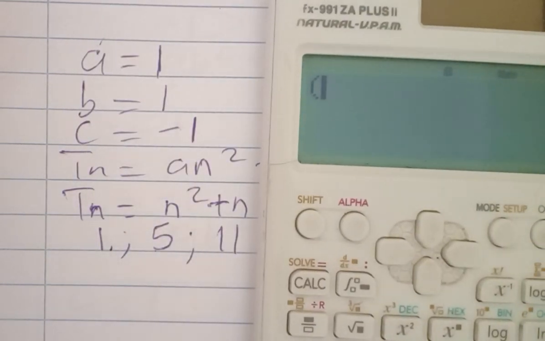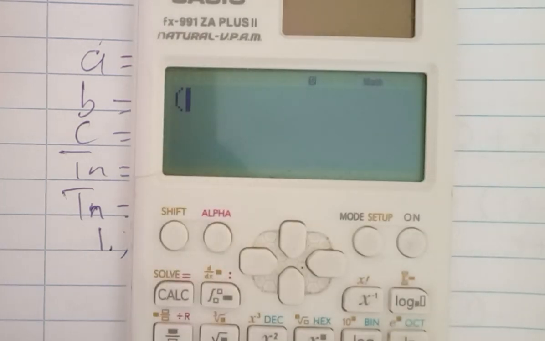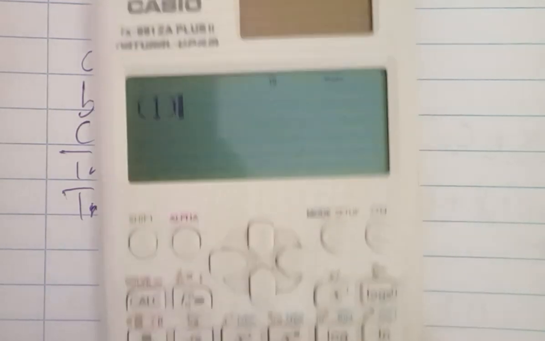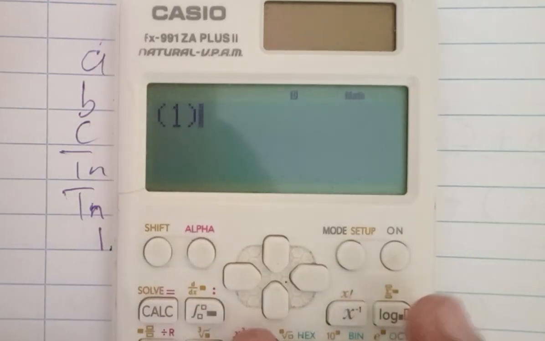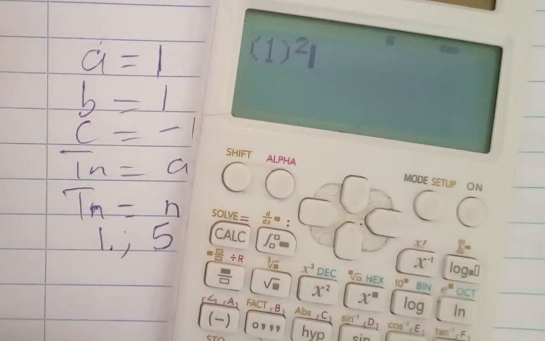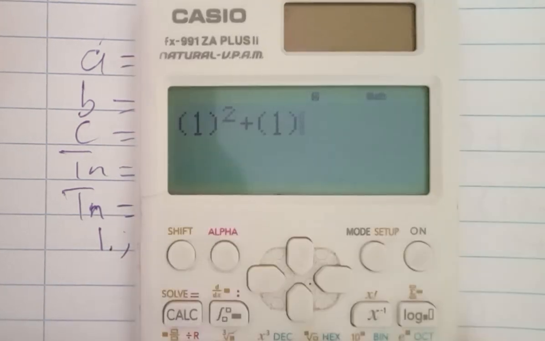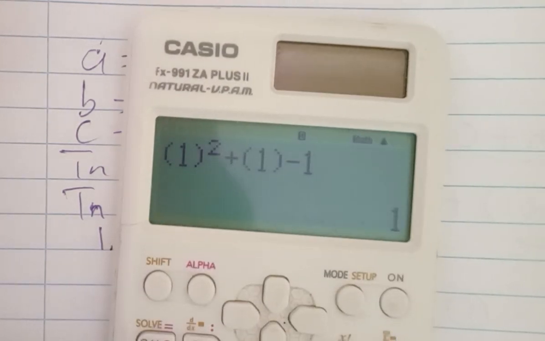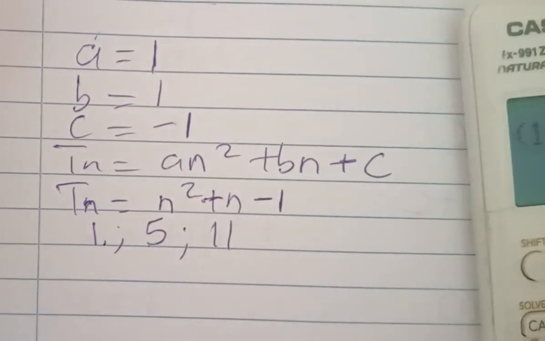Remember, when I substitute I should open the bracket. So let me start with the 1, then close the bracket, then I press my square here, plus, now I open the bracket again, then I substitute 1 minus 1. So my answer is 1, and here our first term is 1, so it's correct.